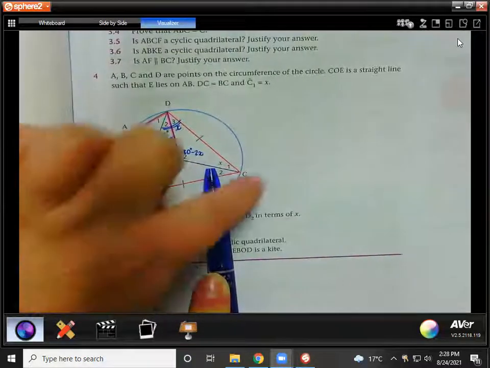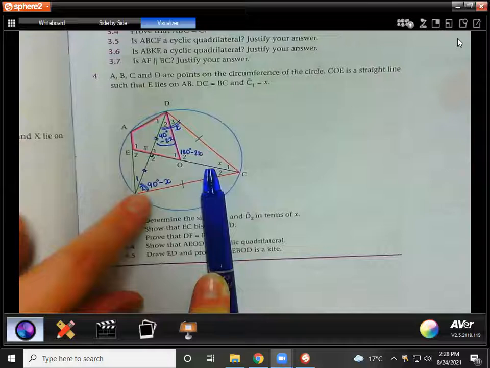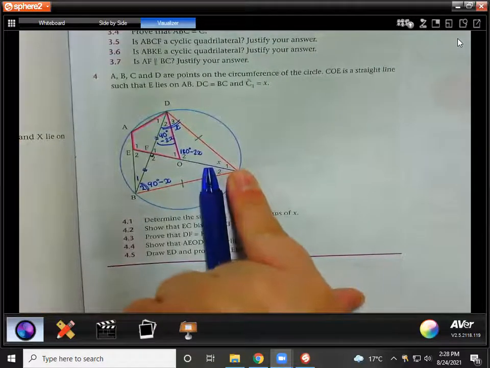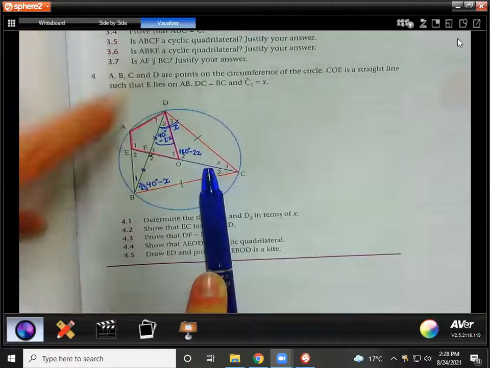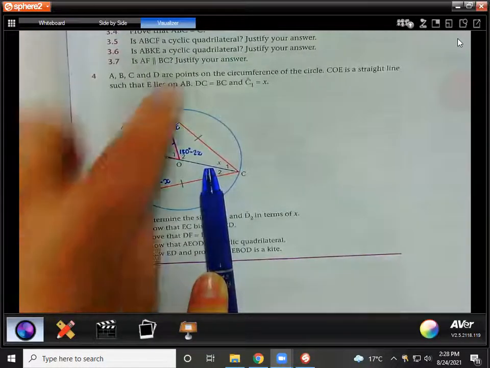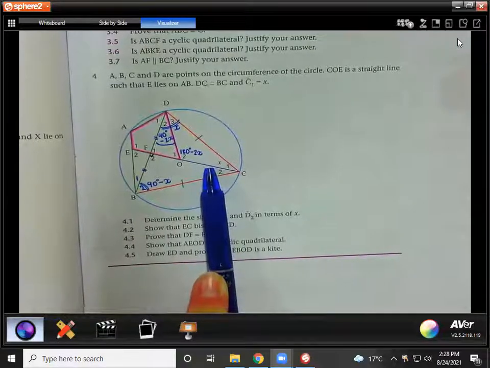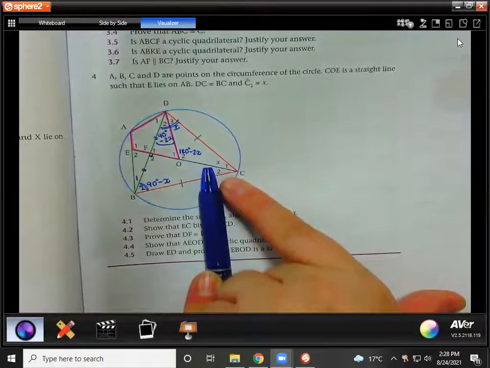I again use the big triangle BCD because I have that angle and I have that angle, and then I can find the third angle, right? By saying 180 minus this, and both of them are 90 minus x. Then once I did that, I subtracted x because that's what C1 is, and then I got C2 from that.